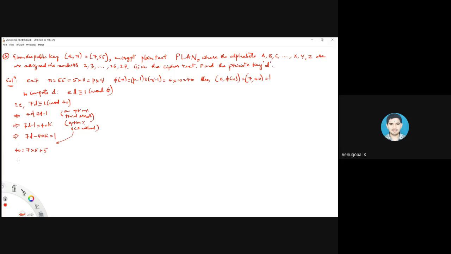Then this 7 comes here and 5 takes the place of this, as we have discussed before. So 7 equals 5 into something plus a remainder: 5 into 1 plus 2. And this 5 comes here, and this 2 into 2 is 4 plus 1.